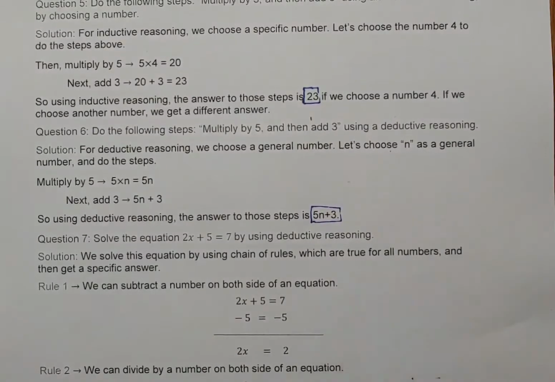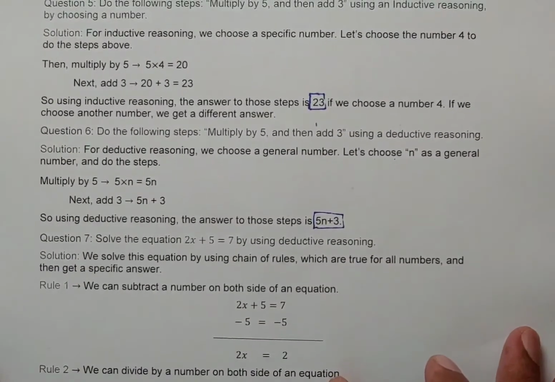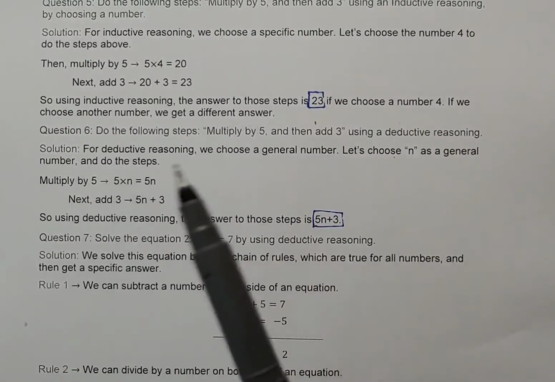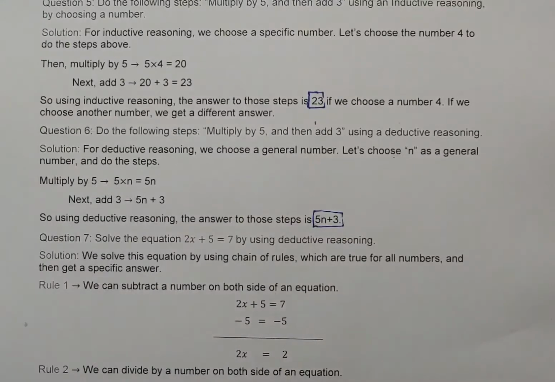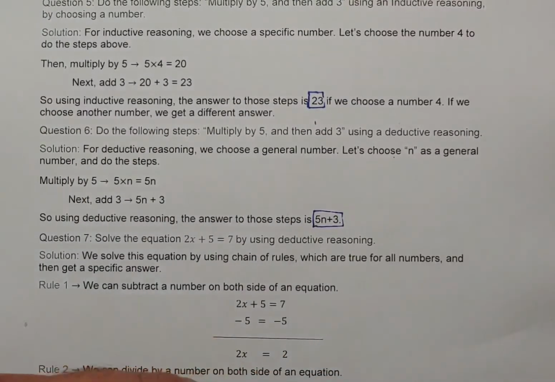method, deductive reasoning. In deductive reasoning, what we do is we use a rule which is already an established rule. We use those rules to solve step by step and get into a specific answer. In inductive reasoning, what we did was we saw a pattern and then figured out the next number, right?